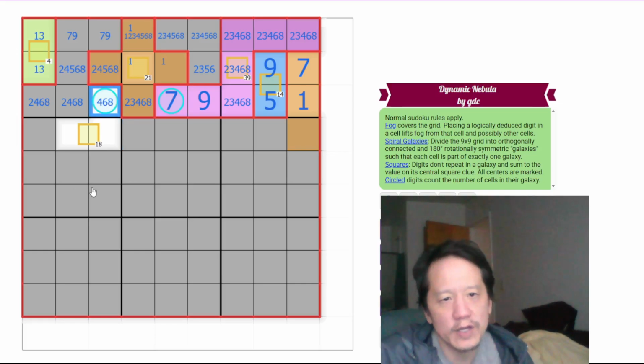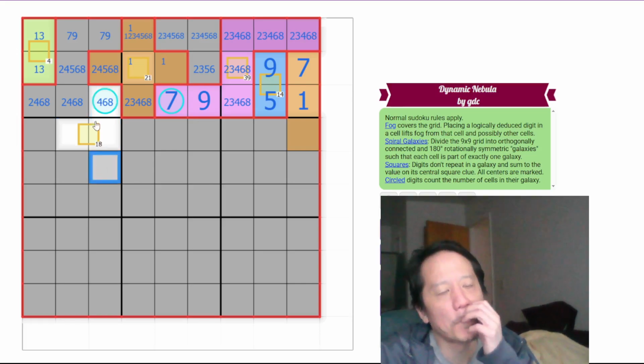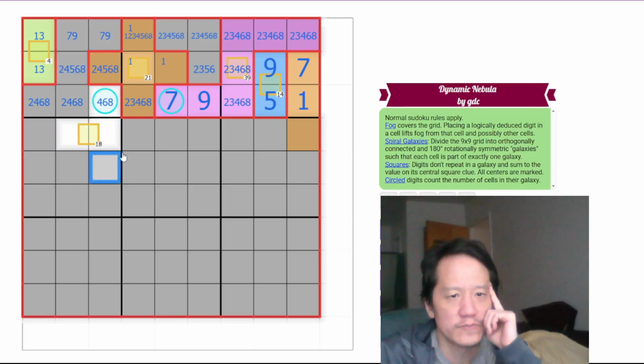Can this ever be 8 here? Well, it would have to be part of this galaxy, right? Because this is not symmetric in any way here. Yeah, this is the center of a galaxy.